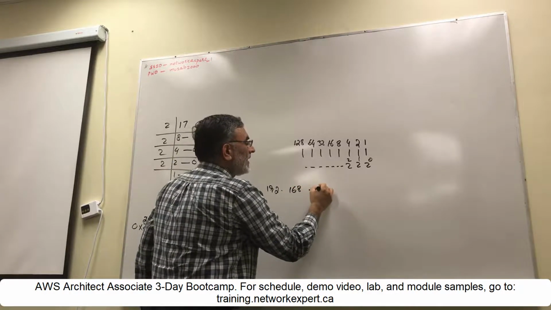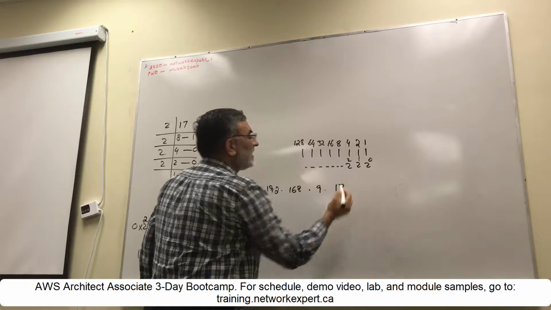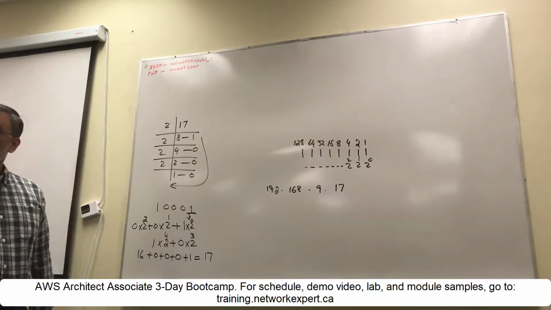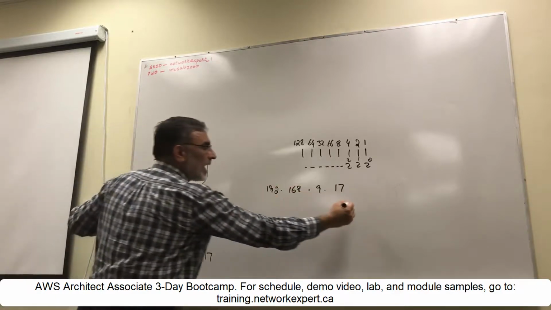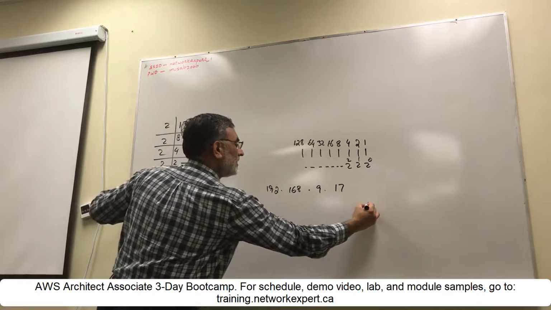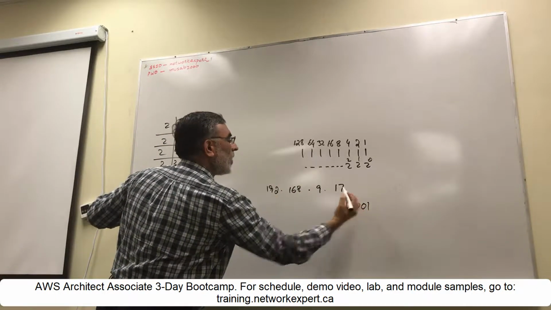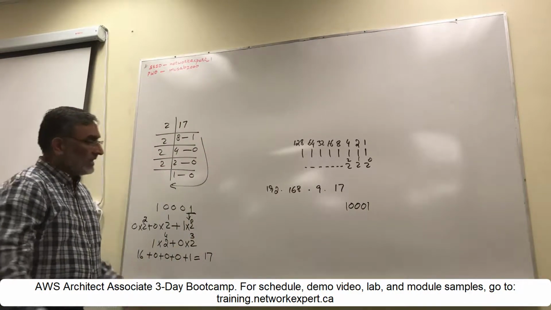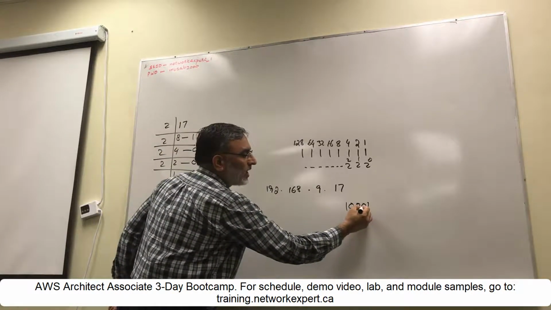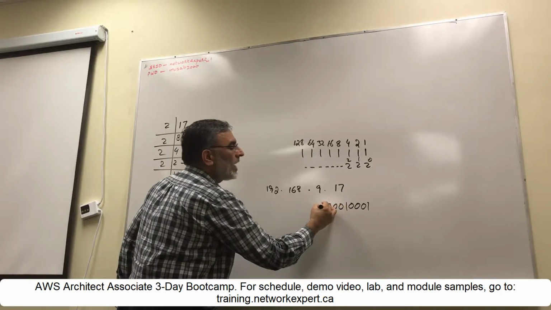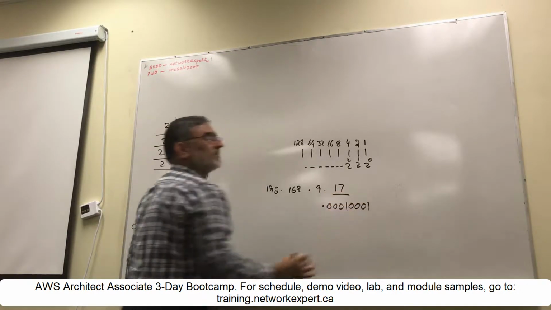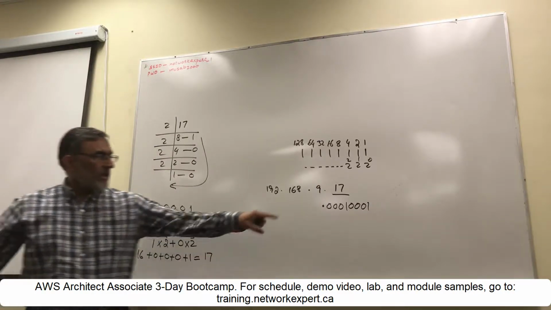So if it is, let's say, 9 here and 17 here, okay? If it is 17, I'm going to say 1 0 0 0 1, okay, and how many bits are these? 1, 2, 3, 4, 5. The last 3 bits I'm going to add as 0, and this is 17 in decimal, okay.